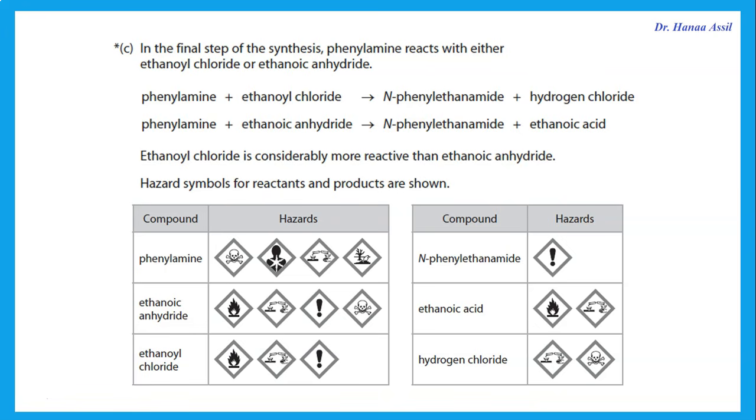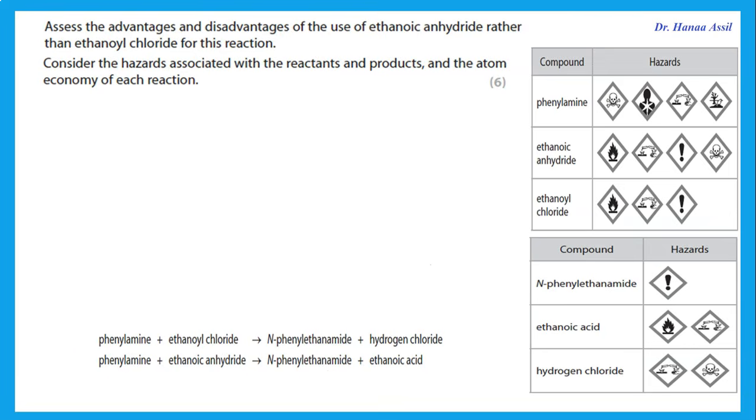The hazard symbols are shown. So the question says, assess the advantages and disadvantages of the use of ethanoic anhydride rather than ethanoyl chloride for this reaction. Consider the hazards associated with the reactants and products and the atom economy of each reaction.